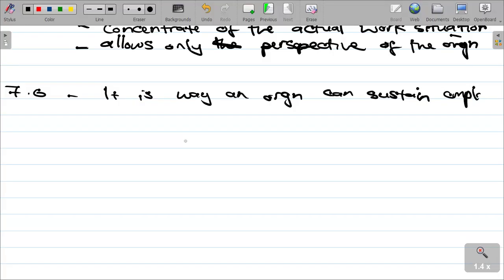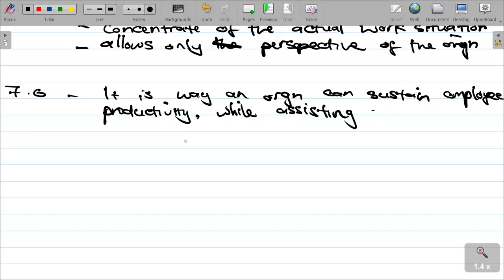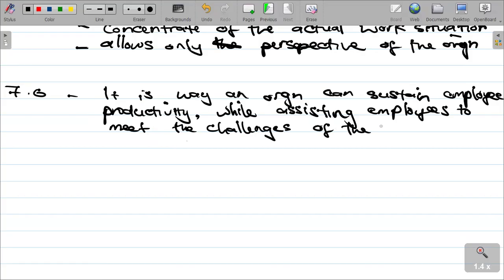So career development is the way an organization can sustain employees' productivity while assisting employees to meet the challenges of the world outside.